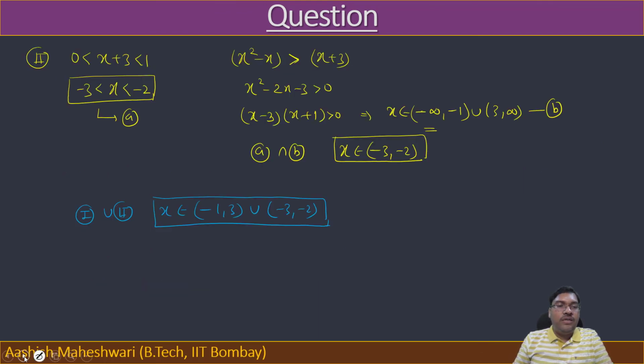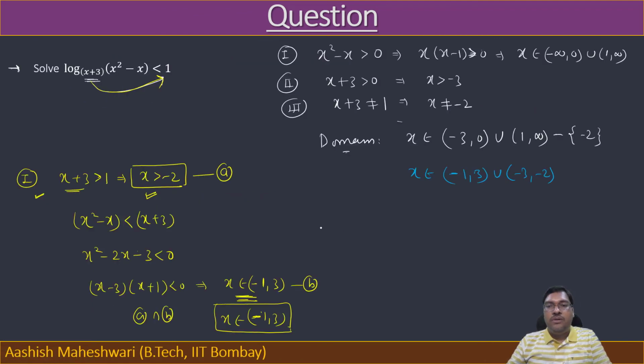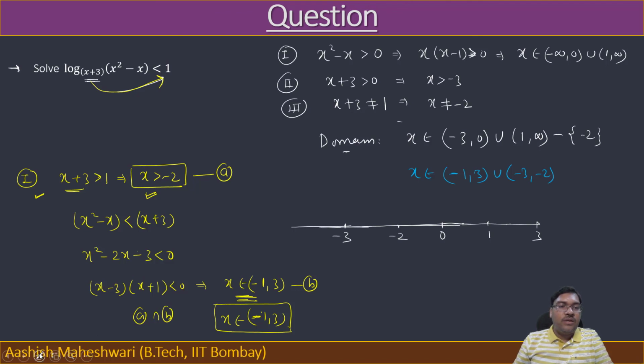So now we will take the intersection of these two. So let me draw the number line so that you will be able to understand the final answer. This is minus 3, 0, let me draw minus 2 also, 0, 1 and 3. So now let's plot.